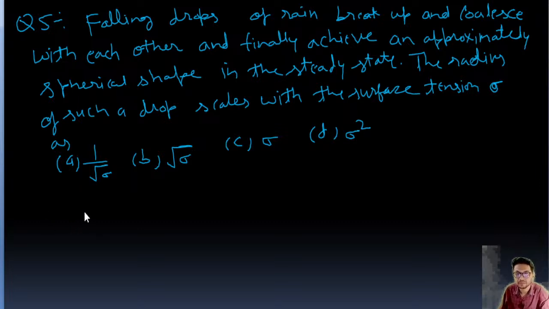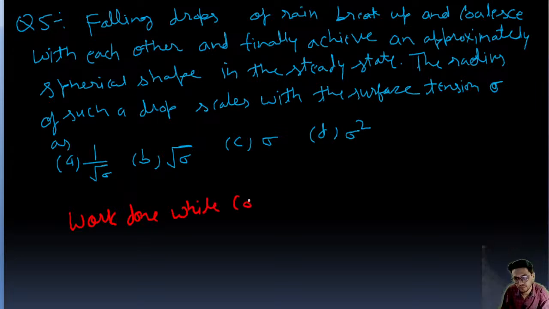Very simple. You need to note down one formula which is very important: work done while combining. When these drops coalesce, meaning combine together and form a spherical drop, how much work is done, that we are going to find.